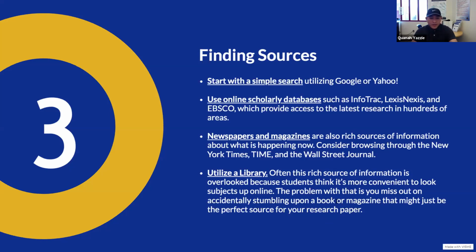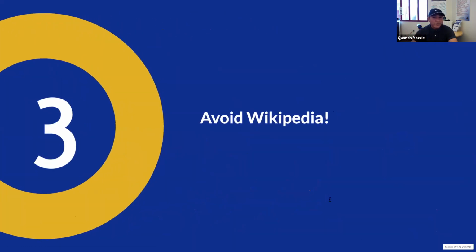And one of the main things about finding sources is that we want to always avoid Wikipedia at all times, because Wikipedia can be good in some cases, but in most cases it's not, because anyone can actually go into Wikipedia and edit things within the page.